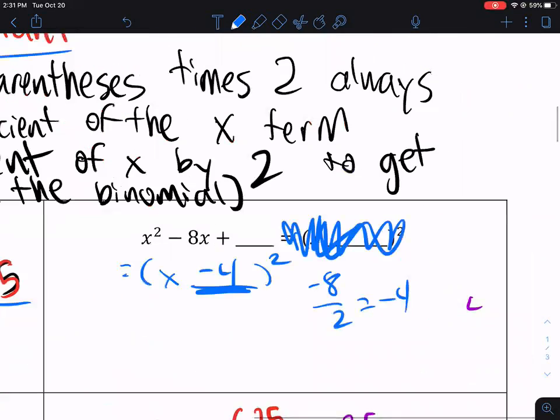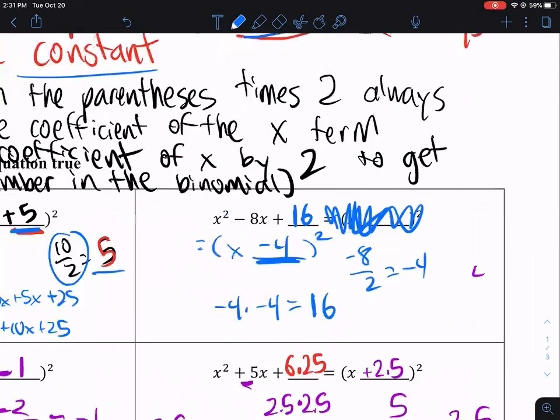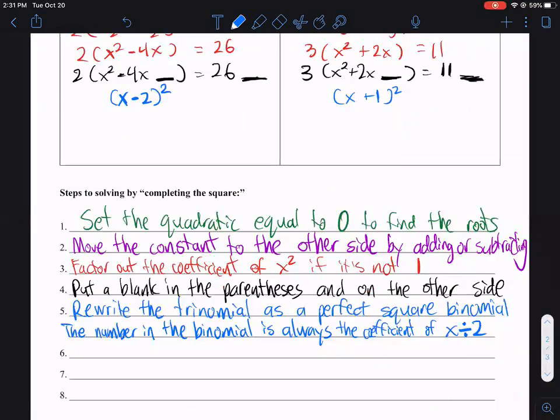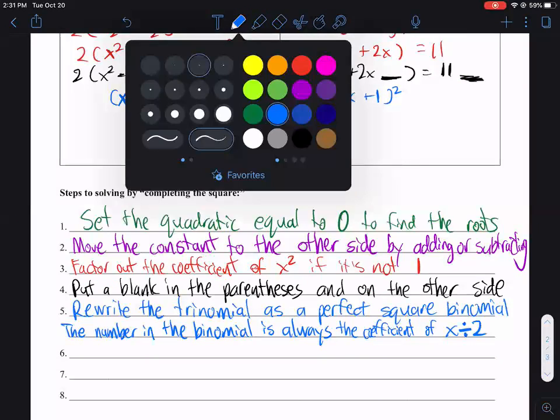So over here, what we did was -4 times -4 to get +16. And as Rusta mentioned, this number is always positive because anything times itself is positive. Okay, so let's see, Brown.